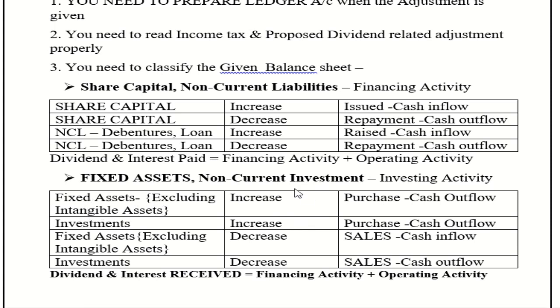If fixed assets increase, it means a purchase, so cash is an outflow. If investments increase, it means a purchase of investments, that is cash outflow. Next, if fixed assets decrease, it means a sale, that is cash inflow to the organization. If investments decrease, that is a sale, and you will get cash inflow.